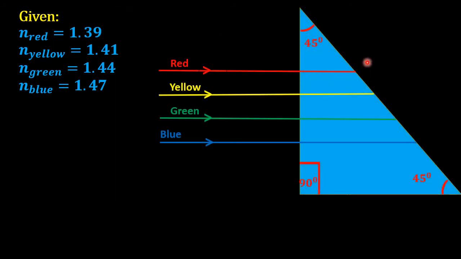For that we draw a normal and here it will be 45 degree. For the rest of the colors also, since the incoming rays are parallel, the angle of incidence at this surface will be 45 degree only. So I can write angle of incidence equals 45 degree.